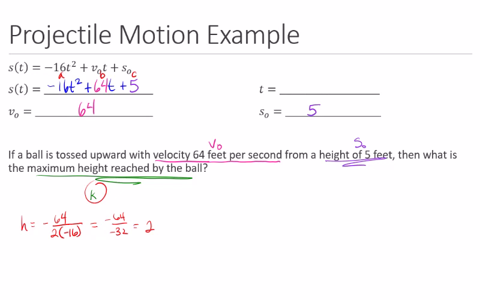Okay, so h is 2. Now to find k, I'm going to find s of 2, which means I'm going to plug in 2 for t. So it's negative 16 times 2 squared plus 64 times 2 plus 5.